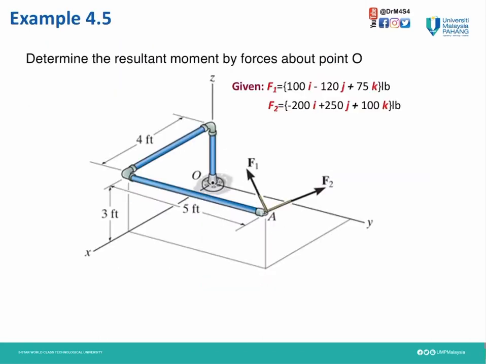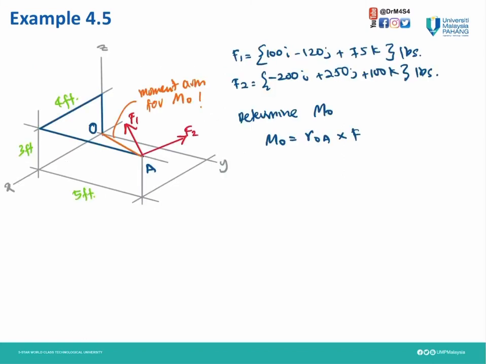Next, let's do example 4.5. For this question, we have to determine the resultant moment by forces F1 and F2. Here the forces are given in Cartesian notation. So this is point O, this is A, so this is the moment arm or D. So here is our moment arm.